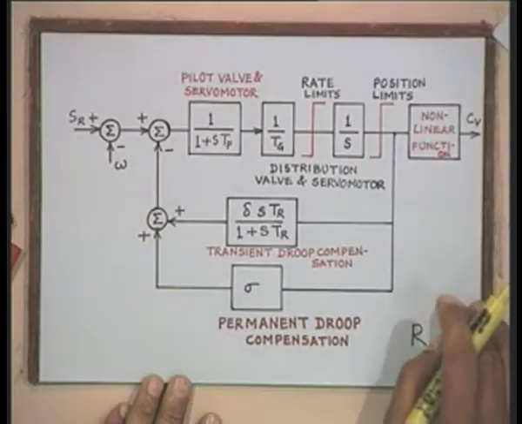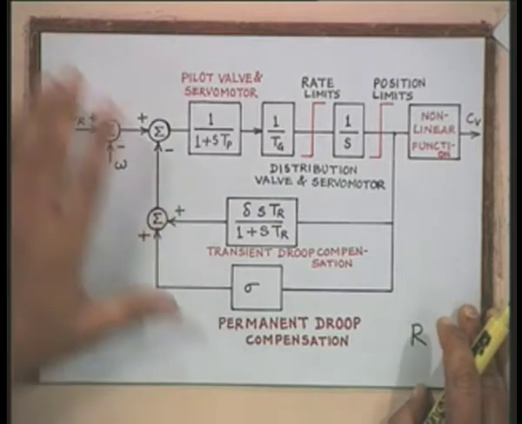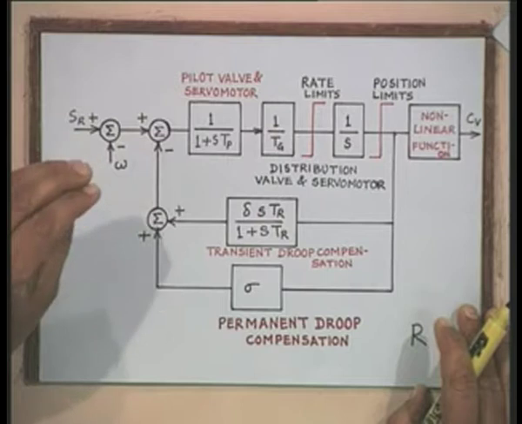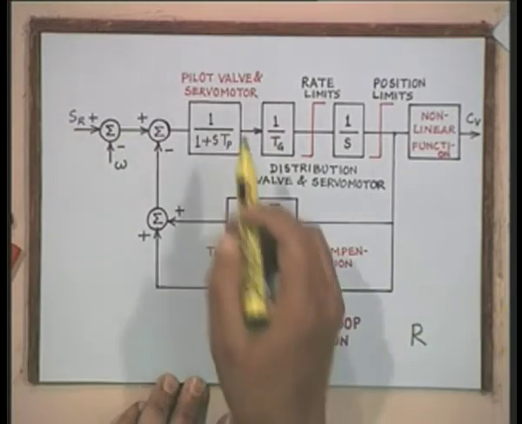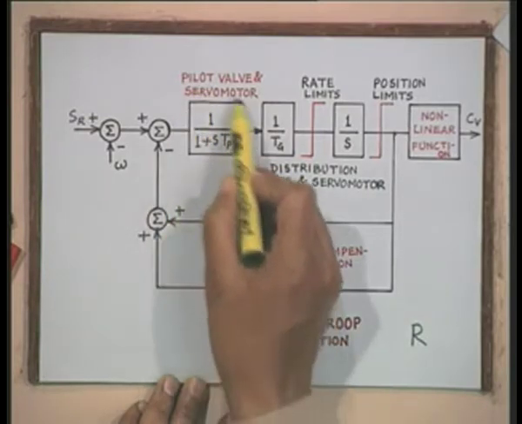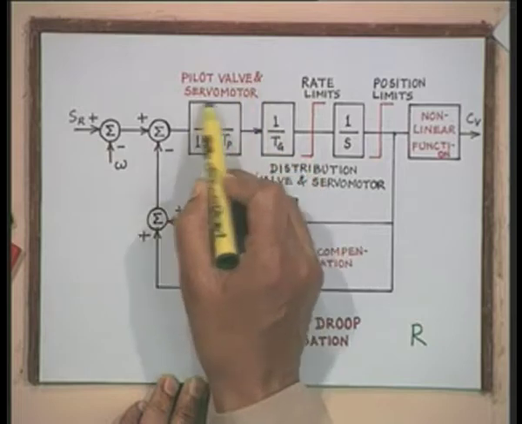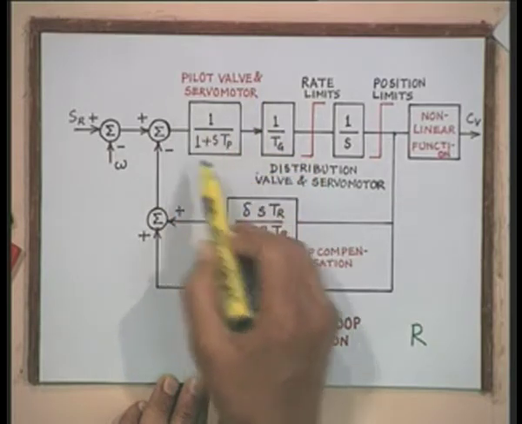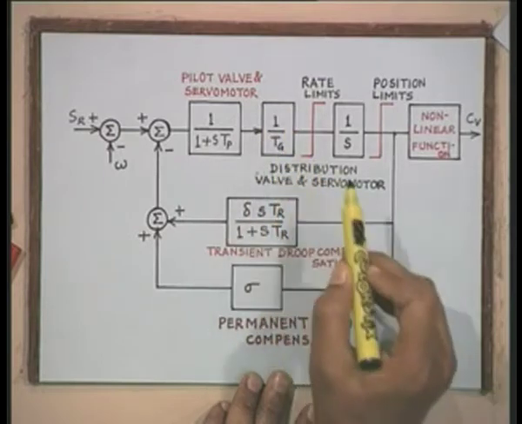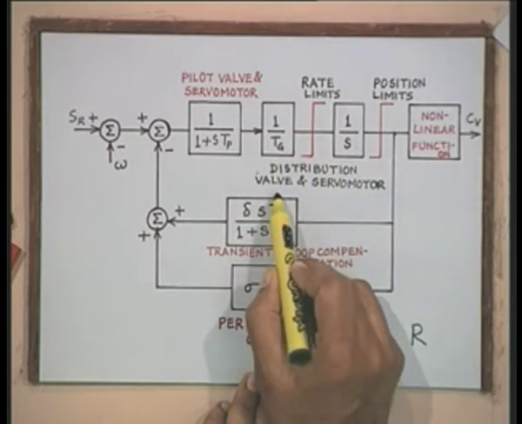Now, this block diagram shows the transfer function of various building blocks of the hydro turbine governor or hydraulic turbine governor. We start like this. This is the transfer function of the pilot valve and servo motor. This is the time constant of the distributor valve and servo motor.